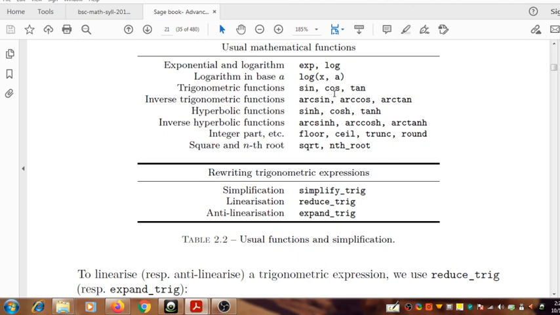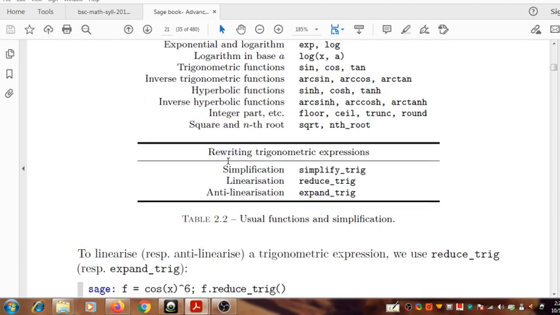Okay, now rewriting trigonometric expressions. See the functions simplification, linearization and anti-linearization.